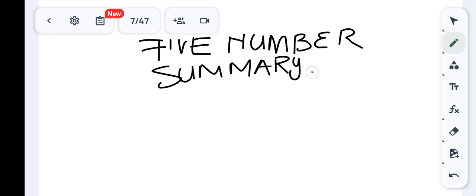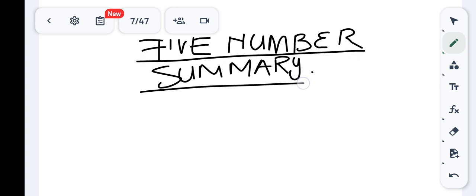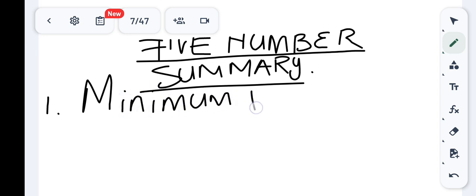So what is a 5-number summary? That is minimum value, the lowest number, that is the first number summary, and then the second number summary is what we call the lower quartile.